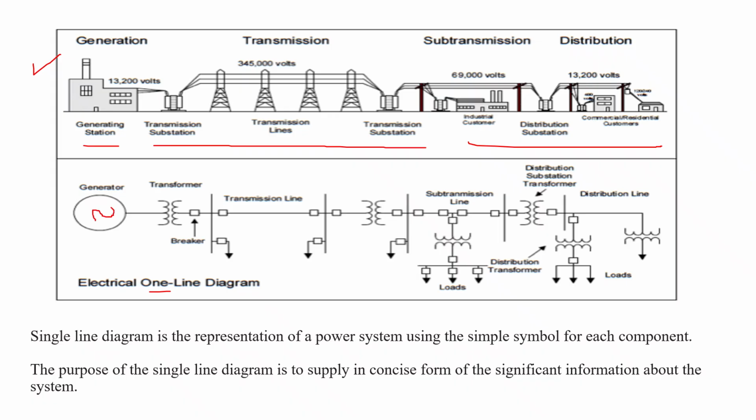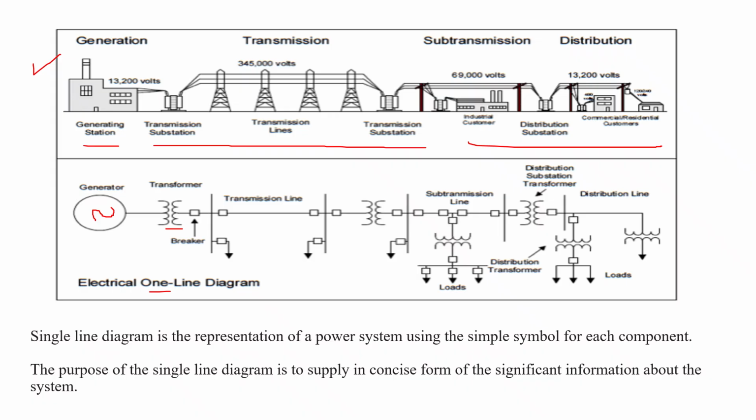Here we are using symbols to represent the generating station. For the transformer, we have used this two winding symbol. I have told you that the transmission is done by three-phase, three-wire, so you can see there are three wires, but here it is a single line representation, so we have drawn a single conductor representing the transmission line.